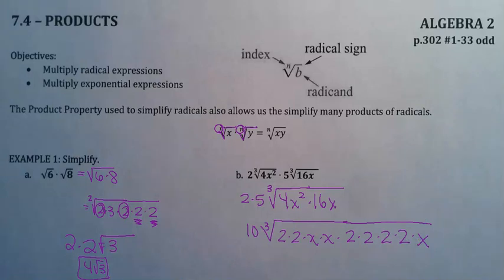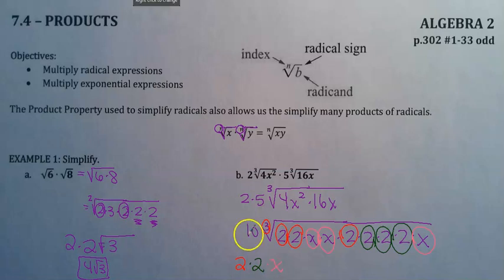All right, so we're looking for a cube root, so we need 3. So I have 1, 2, 3 2's, so I can bring that out. And I have 1, 2, 3, another group of 3's, so I can bring another 2 out. And I have 1, 2, 3 x's, so I can bring an x out. And I already have a 10.